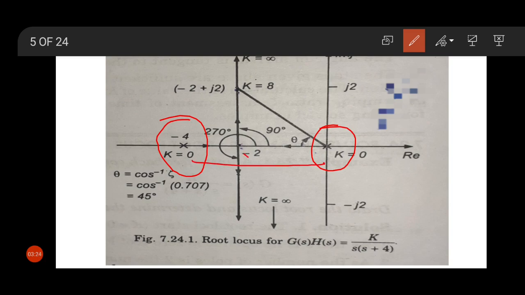This portion is the root locus portion. We know in our system there are two poles, and from these two poles two loci start. One locus starts in this way and another locus starts in this way, because our root locus portion is in between 0 and -4.